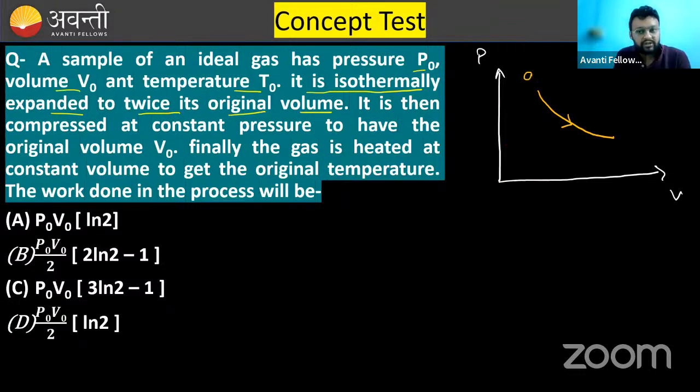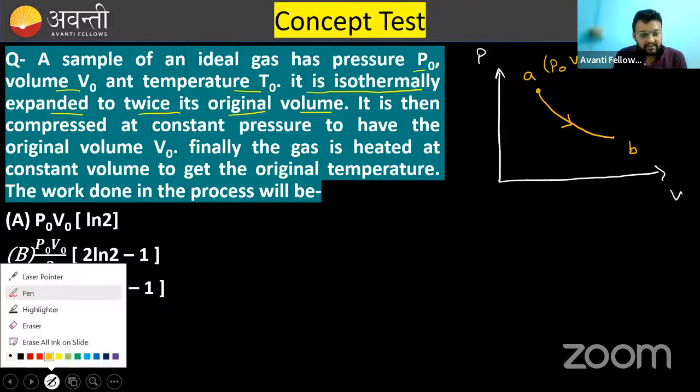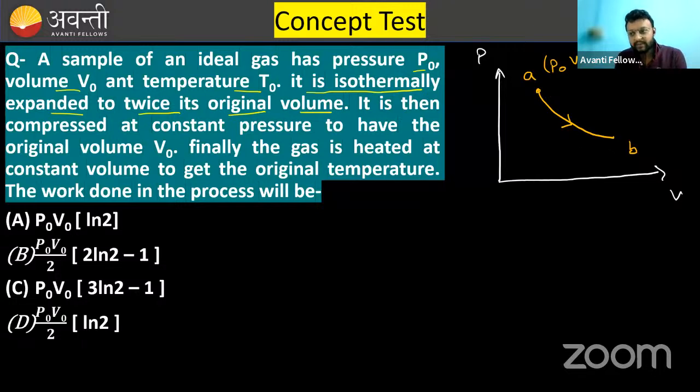Let's suppose from an initial state A to a final state B, this is isothermally expanded. Initially they are saying that the pressure is P naught, volume is V naught, and temperature is T naught. Clear? And at the point B, it is isothermally expanded up to twice its original volume.